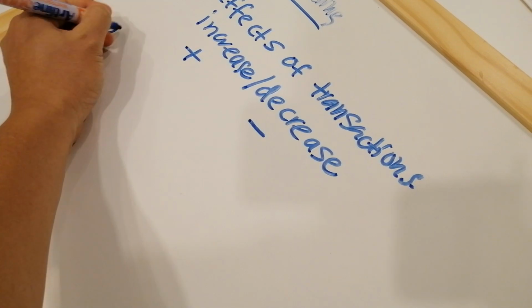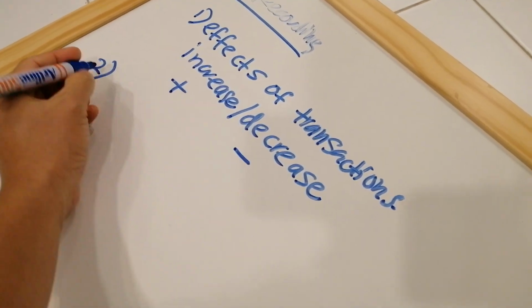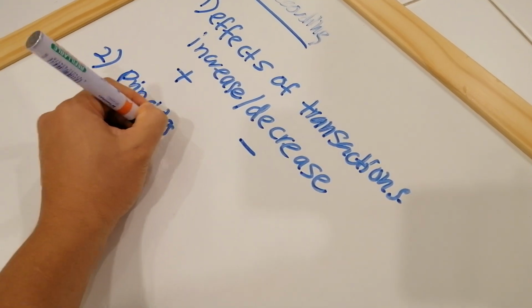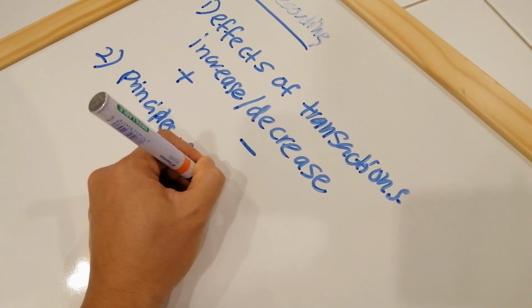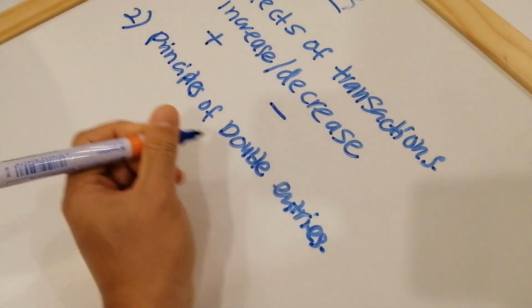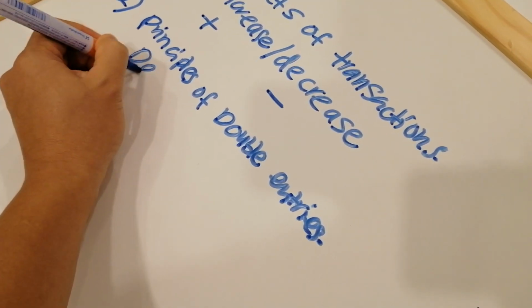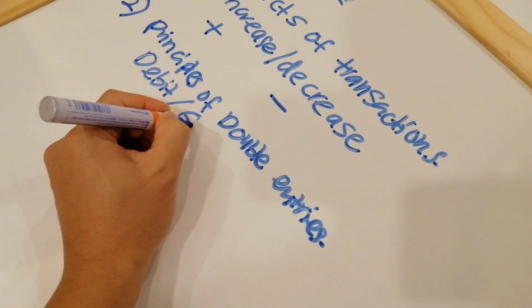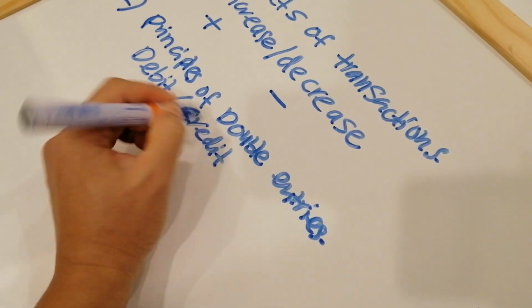Number 2, under recording, we have principles of double entries. So here we have two sides, debit side and credit side.